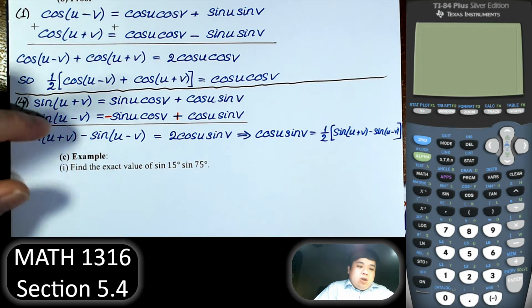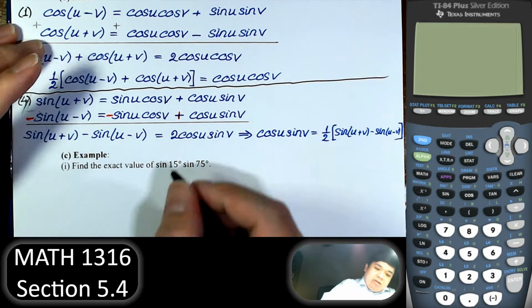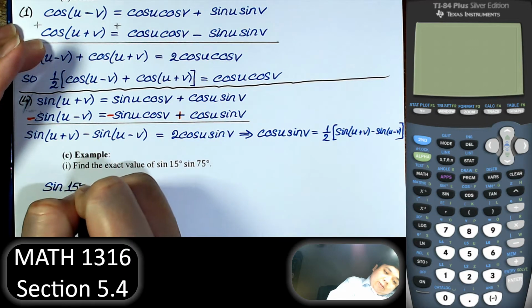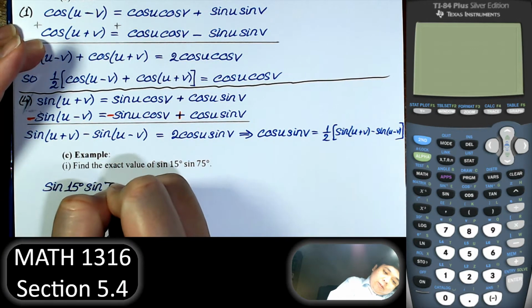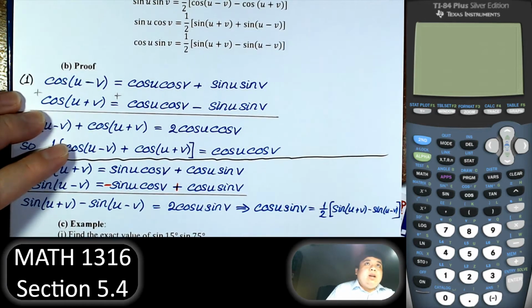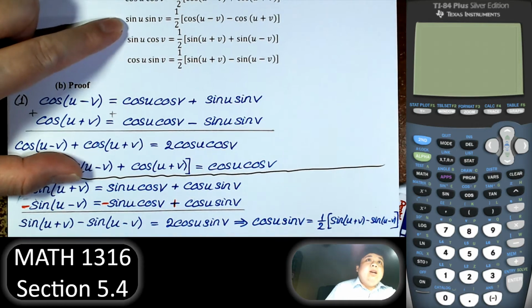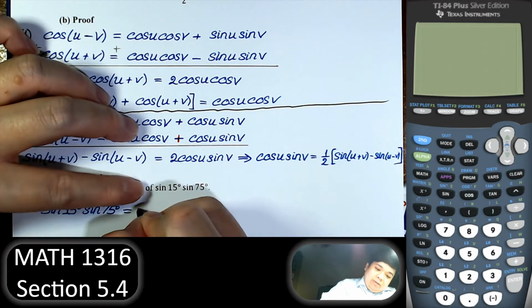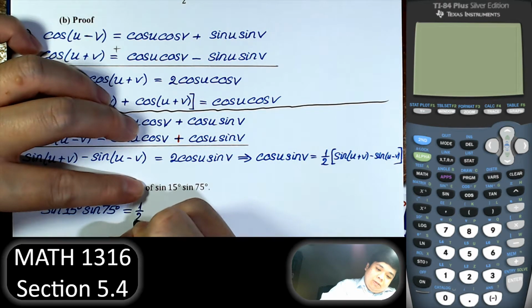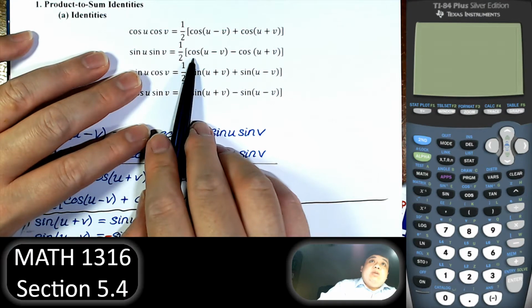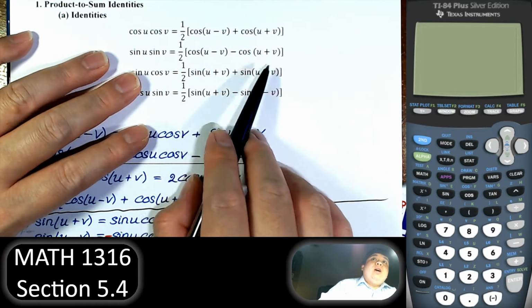So sine of 15 and sine of 75 degrees. What is the product of sine times sine? Sine times sine is going to be 1/2 of cosine of u minus v minus cosine of u plus v.